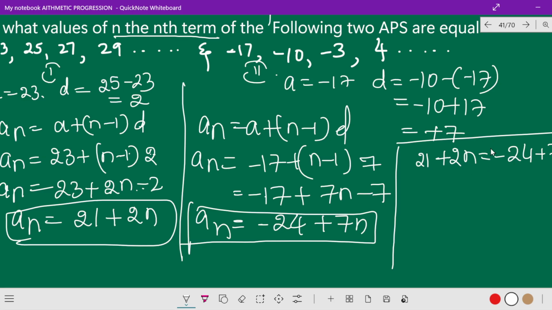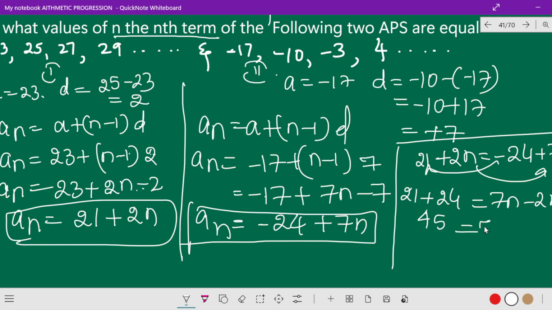Shift the n terms and numbers to one side. So here we'll shift this 24 this side, 2n this side. So 21 plus 24 is equal to 7n minus 2n. So 45 is equal to 5n. n is equal to 45 by 5. 5 nines are 45. Therefore, n is equal to 9.